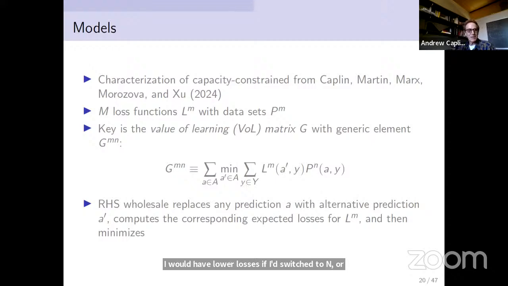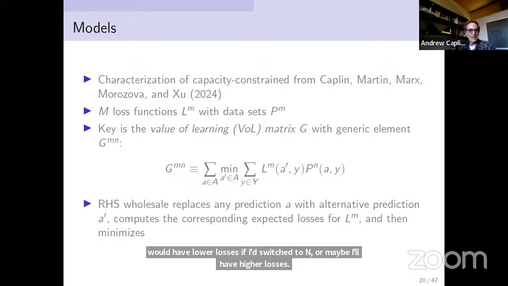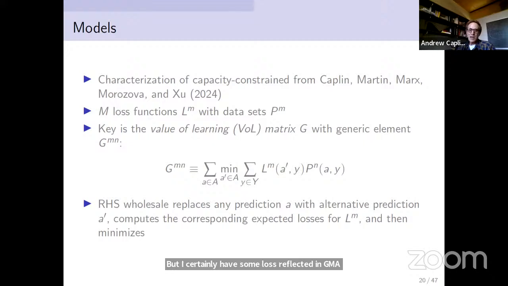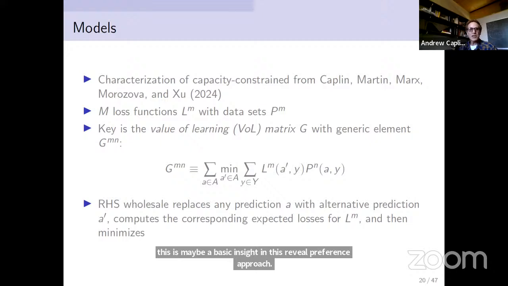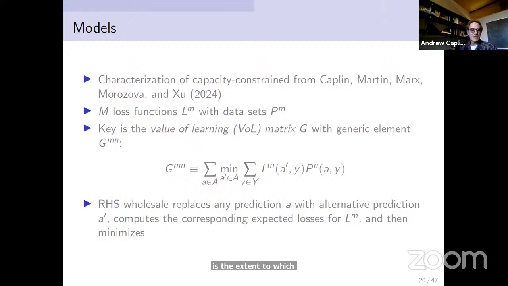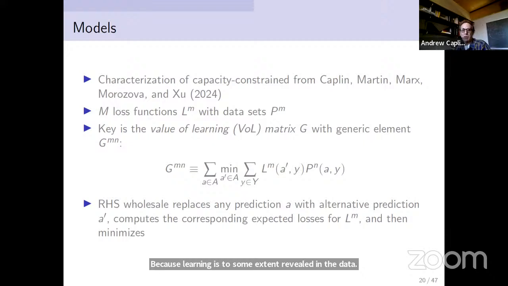But I certainly have some loss reflected in G M N. And this is maybe a basic insight in this revealed preference approach: the extent to which you can switch learning between decision problems, because learning is to some extent revealed in the data. So look at the learning that was done with dataset N, use loss function M, and compute this entire matrix.